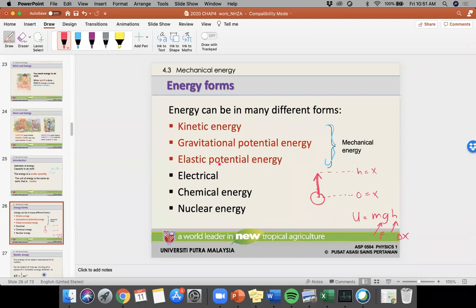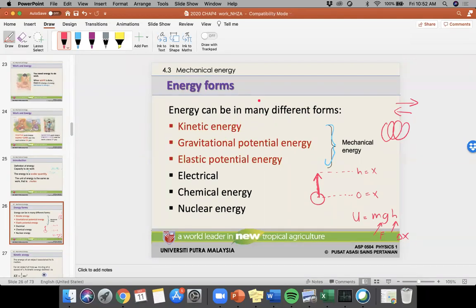Same thing with elastic potential energy. You have a spring. This elastic potential energy is associated with a spring. You need to compress or stretch your spring for the energy to be increased or decreased. So these three are mechanical energy because some type of movement is needed to change the energy.